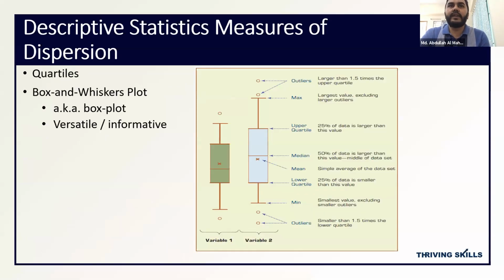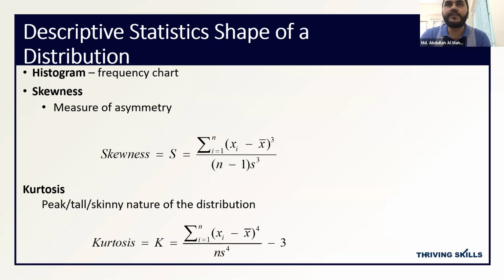Then we have here the box plots. Here you can present the data from mean, median, and mode, and see who is staying below the average or above the average, in the upper quartile or lower quartile. You can do that through this box plot. And in descriptive statistics, we have skewness and kurtosis, and of course the histogram.